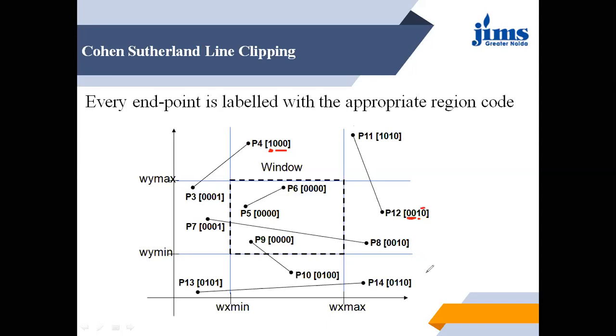This is the way we can assign the endpoint region code. So when we have to solve clipping, first of all we have to assign the label codes to both ends of a line.